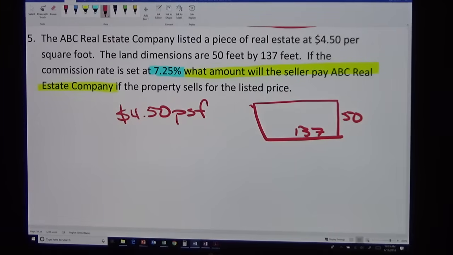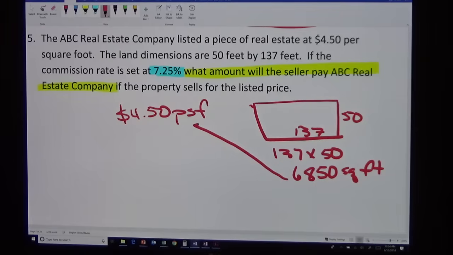Well, if we take 137 times 50, we can figure out the square footage of that lot. So 137 times 50 gives us a square footage of 6,850 square feet.